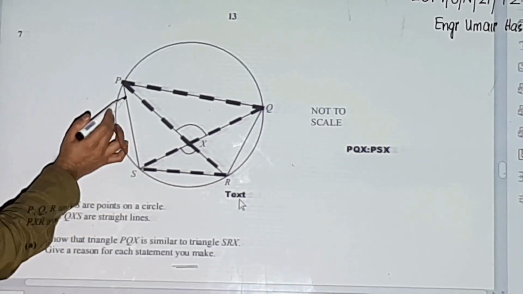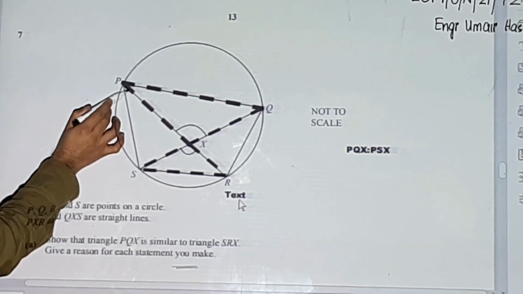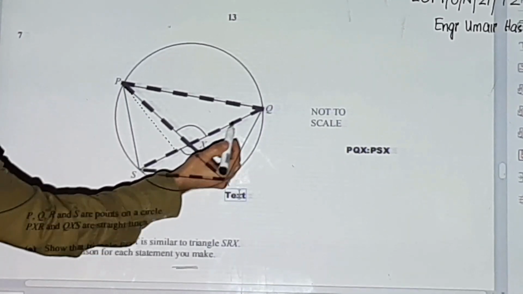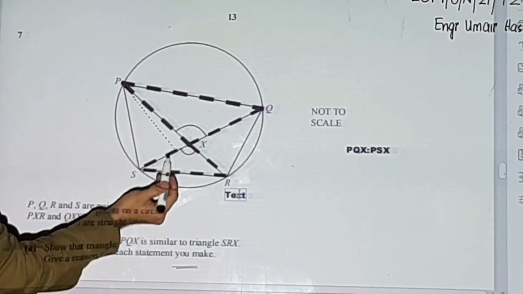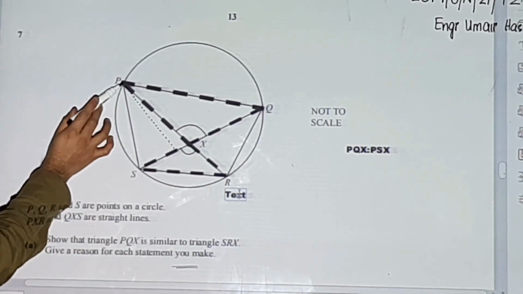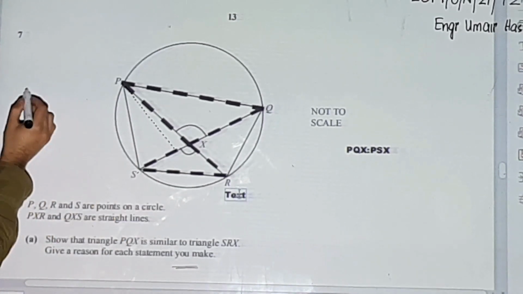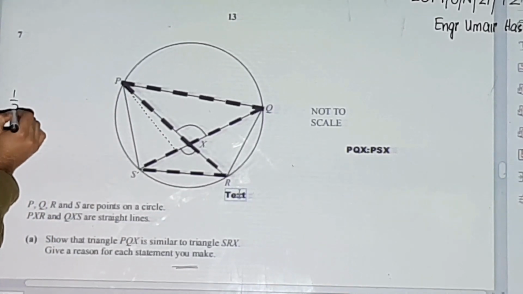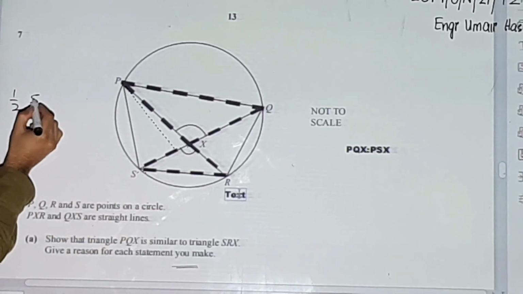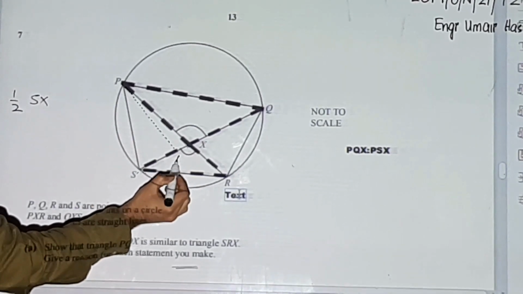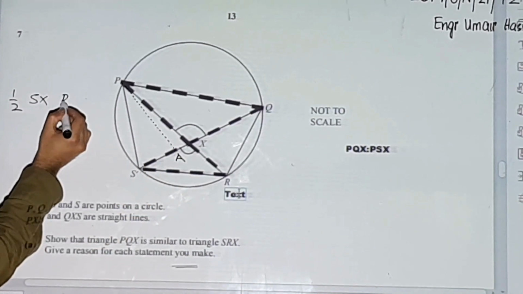So if we draw a line perpendicular to this one, then for triangle PSX it will be half, base is SX and height is, suppose this is A, height is PA.